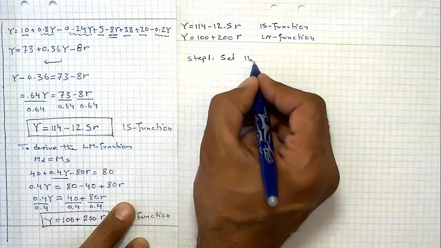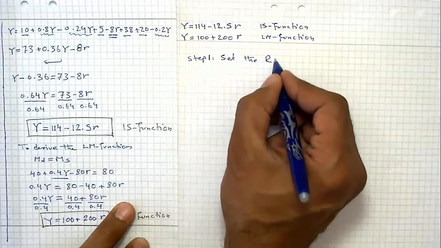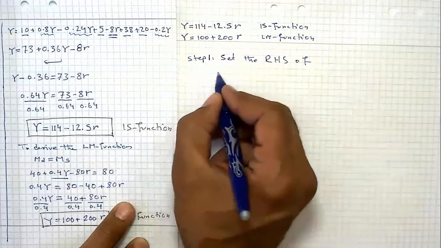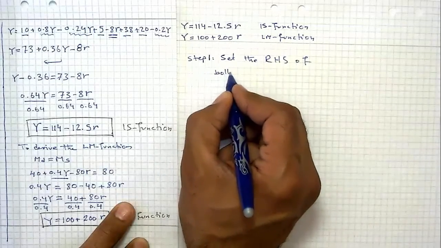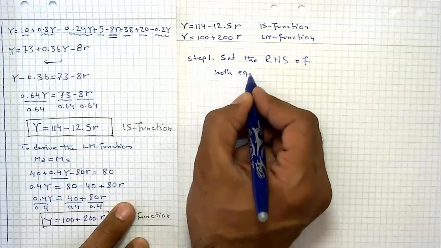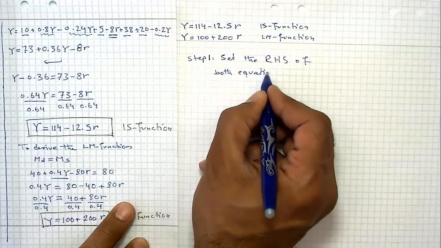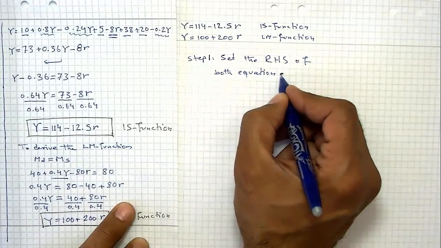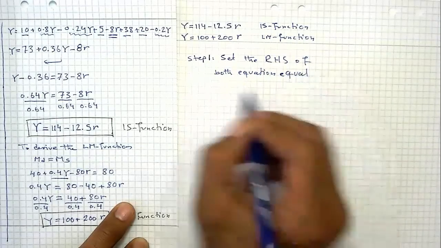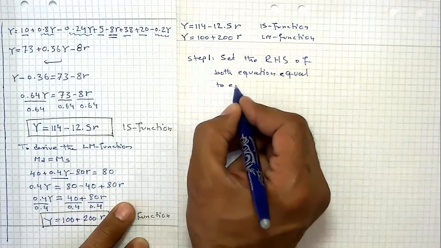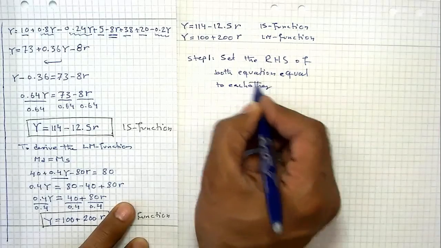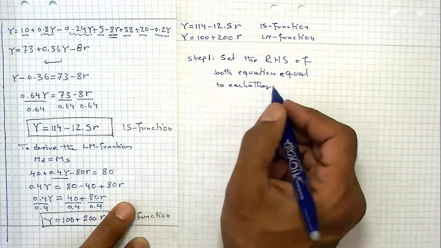set the right hand side of both equations equal to each other. That's what you do in the first step.